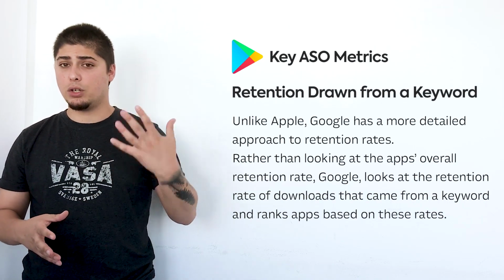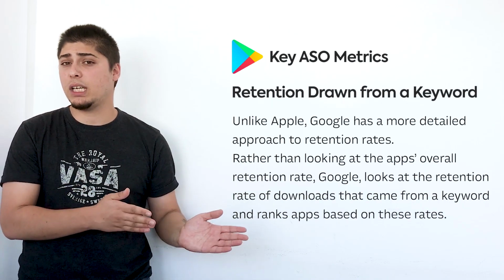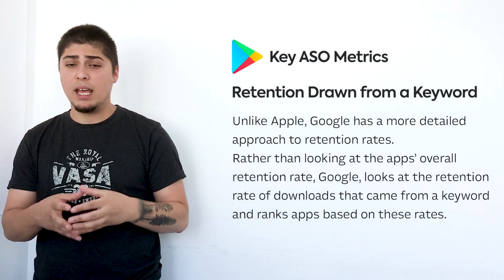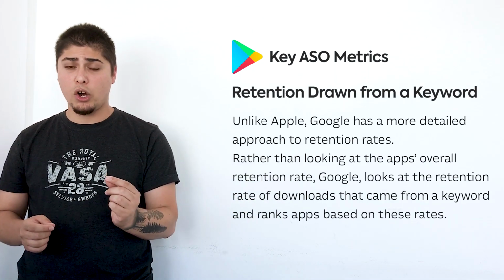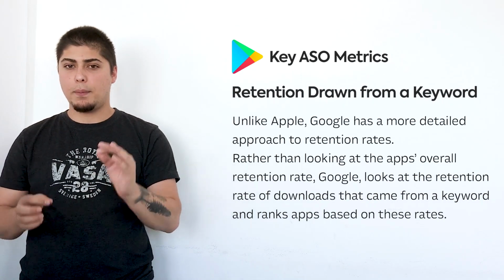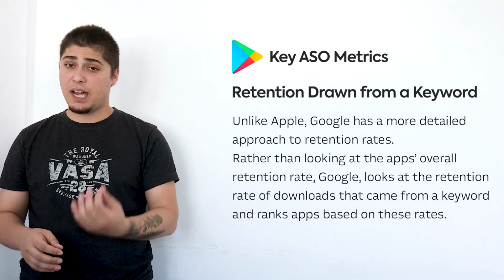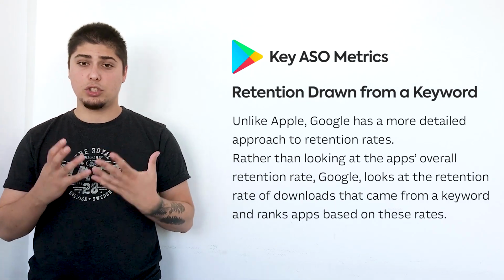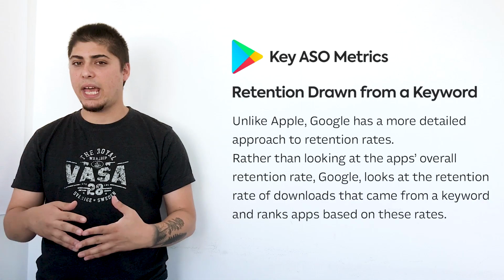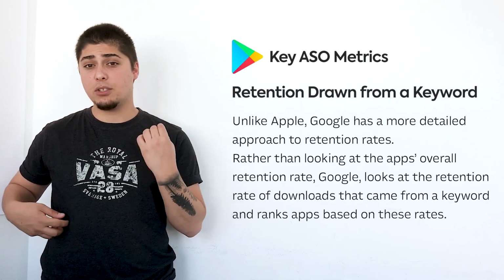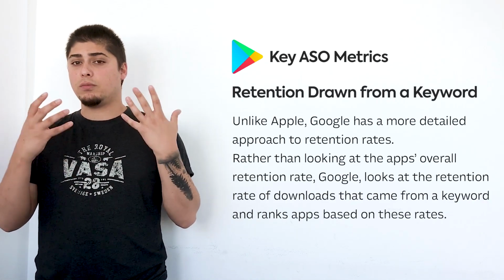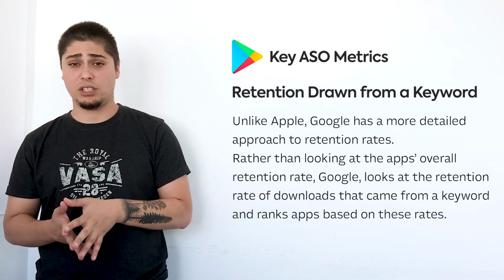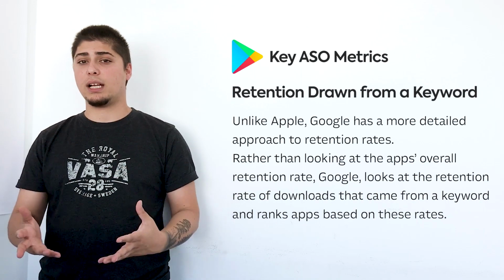If your users coming from a certain keyword, the XYZ keyword, have a very high retention rate, it means that keyword represents your app perfectly in the App Store, and therefore you will rank higher for it. As far as things go, you don't have a way to optimize this, but keeping track of it to find those keywords and maybe eliminate the ones that have a lower retention rate might increase your likelihood to rank higher.